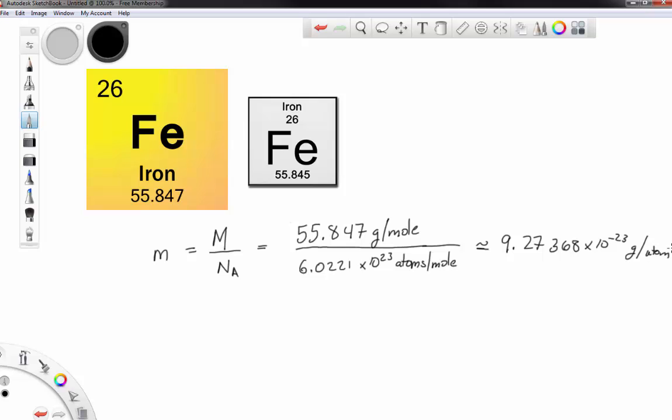Right, and the question was how many atoms therefore are there in a kilogram?